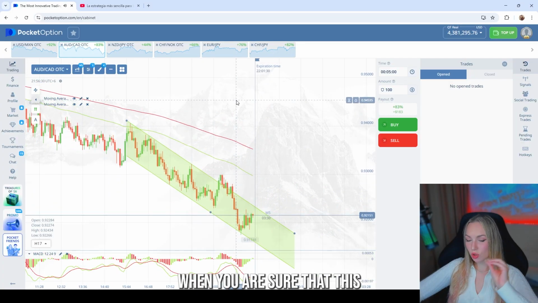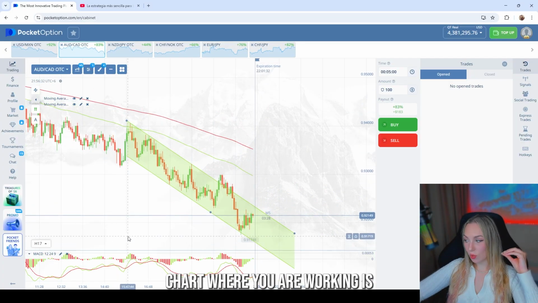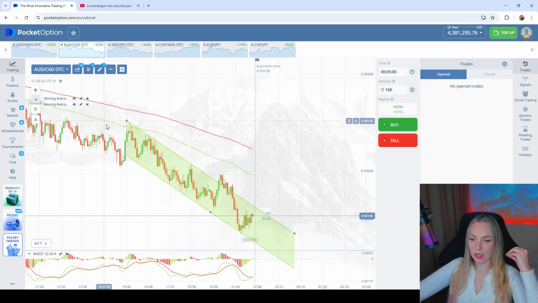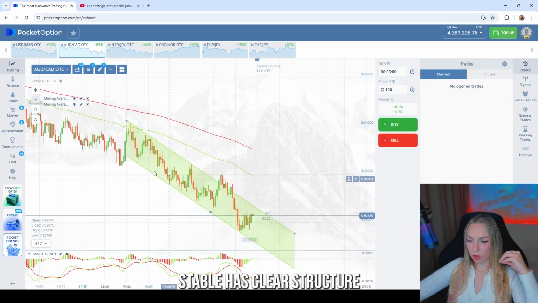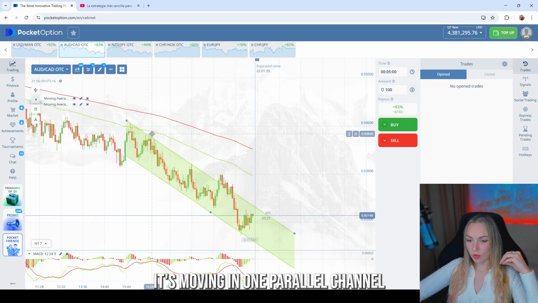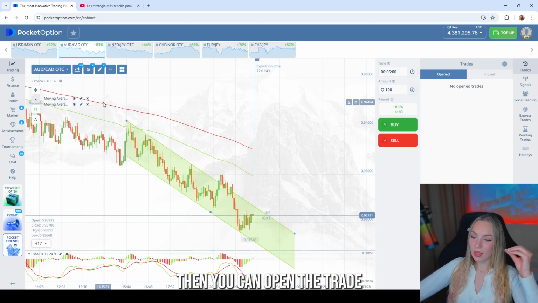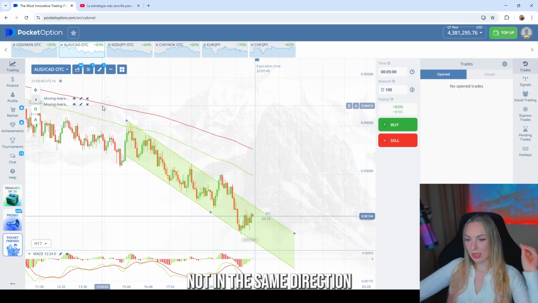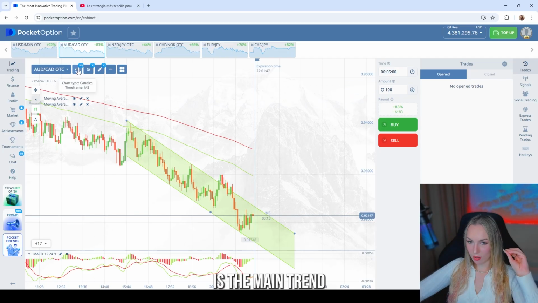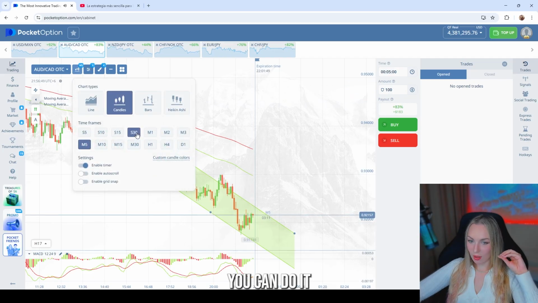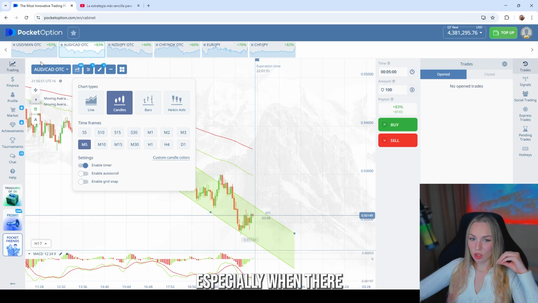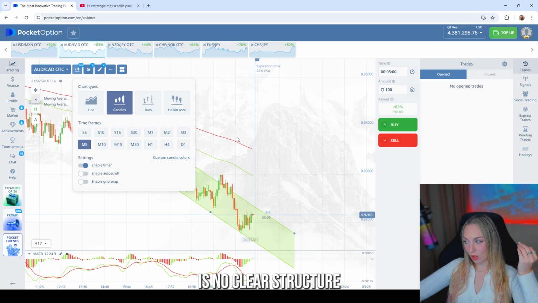When you are sure that this chart where you are working is stable, has clear structure for a long time, it's moving in one parallel channel, then you can open the trade not in the same direction as the main trend. You can do it, but it's not recommendable, especially when there is no clear structure.